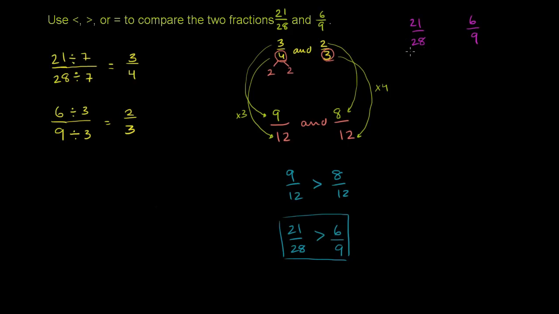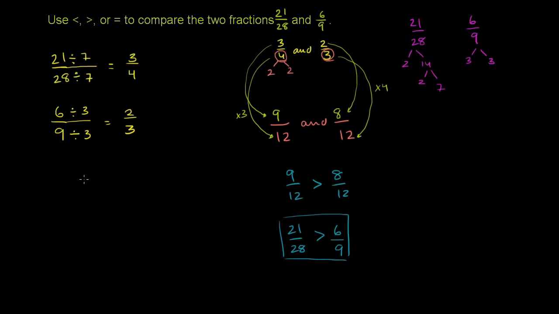So what's the prime factorization of 28? It's 2 times 14, and 14 is 2 times 7. The prime factorization of 9 is 3 times 3. So the least common multiple of 28 and 9 has to contain a 2, a 2, a 7, a 3, and a 3. Essentially, it's going to be 28 times 9.